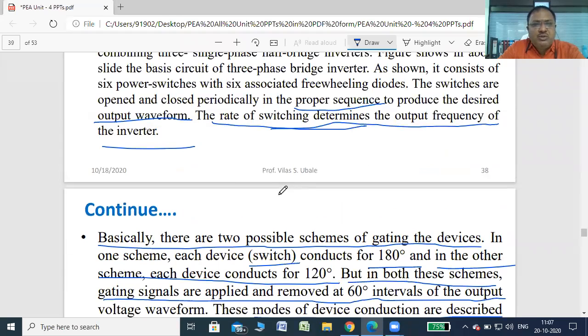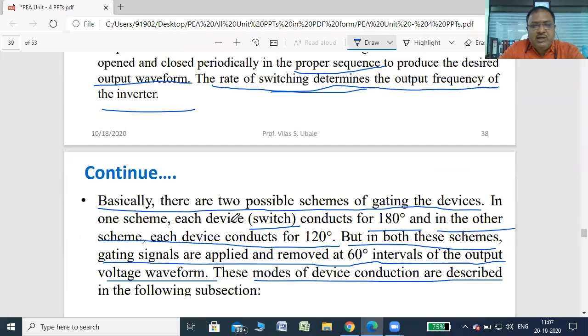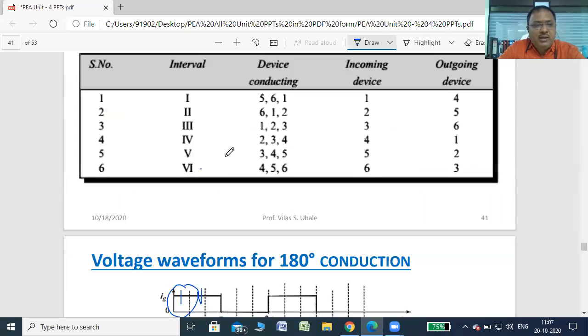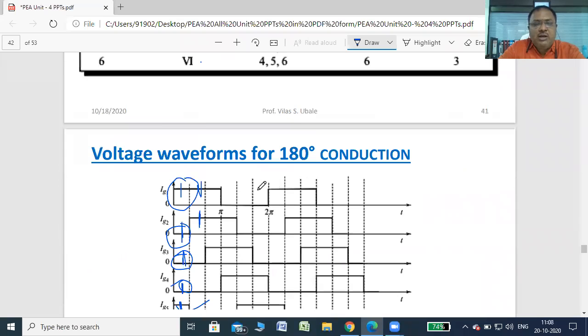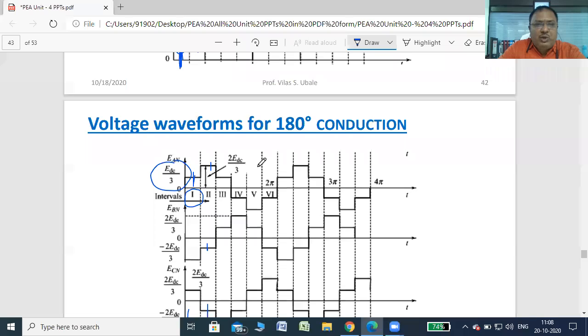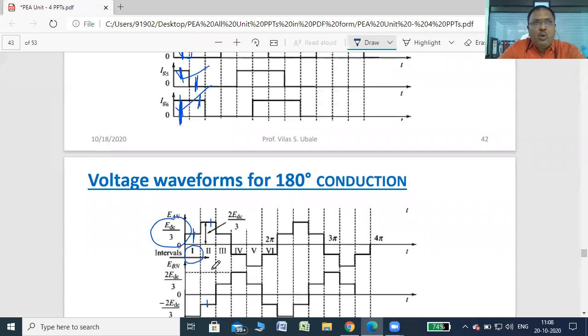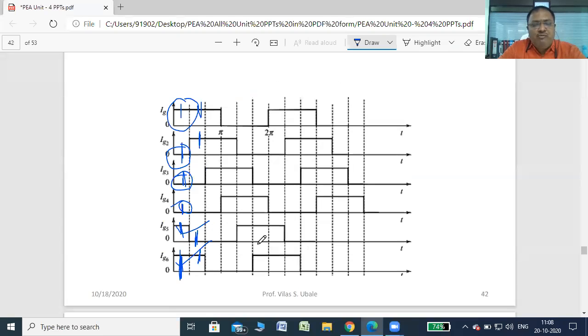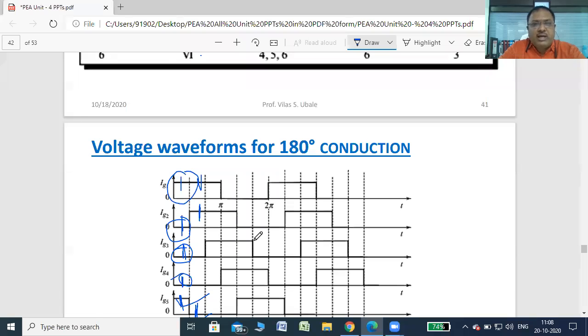You can understand the working with the help of this table and these waveforms. Now the voltage levels, twice EDC by 3, EDC by 3, minus twice EDC by 3, how they are found out, we will see later. I will show you with the help of the equivalent circuit diagram.